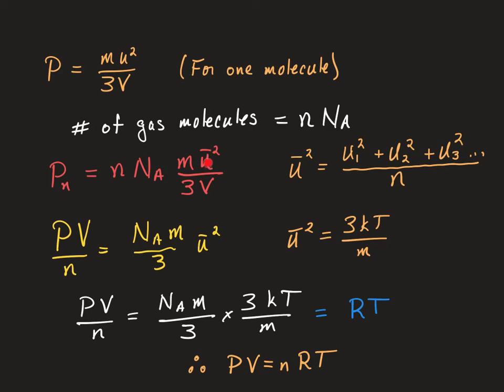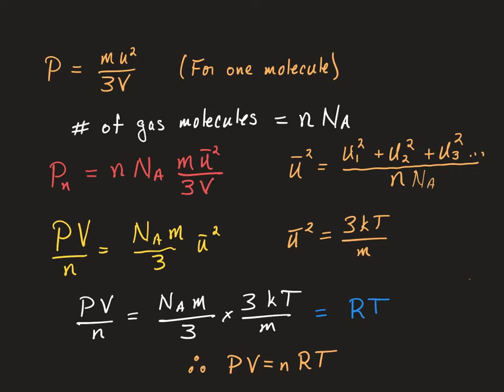Where our average speed, now that we have more than one molecule, is the speed of each individual molecule, all summed up. And remember, we're using speed squared so that we don't have to worry about whether they're going in the positive or negative direction, divided by the total number of molecules. And actually, this would be n times Avogadro's number, right?